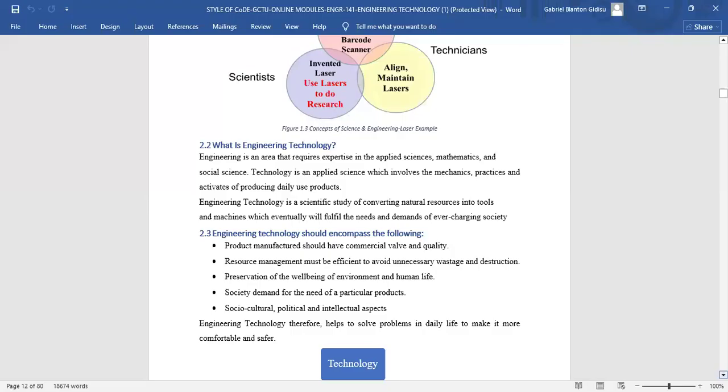Before you come out with the product, you have to consider all these things: the society, the culture of the people, the political aspirations that the people are aiming for, and the intellectual aspect, how intellectual the people are. Then you come up with those products.